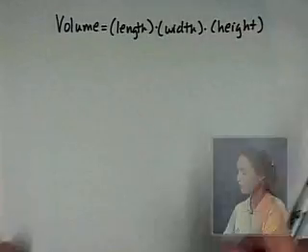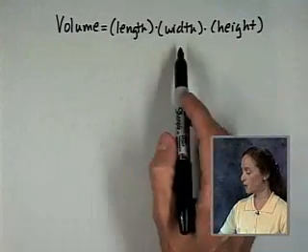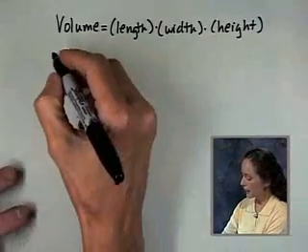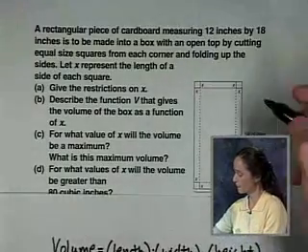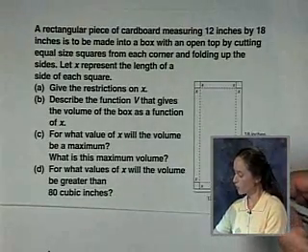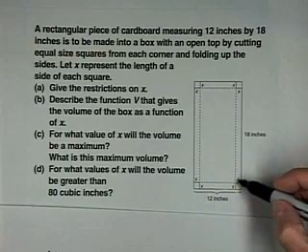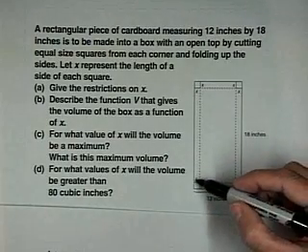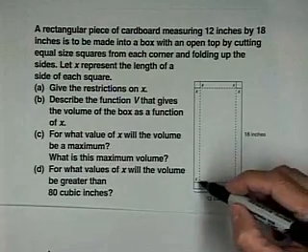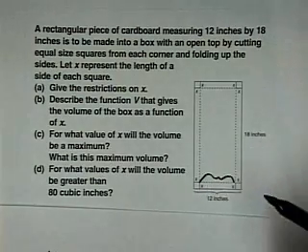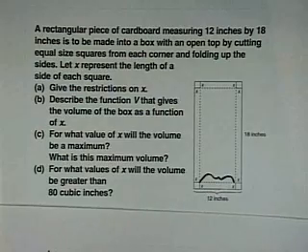The volume of a box is found by multiplying the length, width, and height. In our particular case, if you look at this diagram, one side of the rectangular piece is 12. If we cut squares out of the corners of length x, the dimension inside the box is 12 minus 2x.